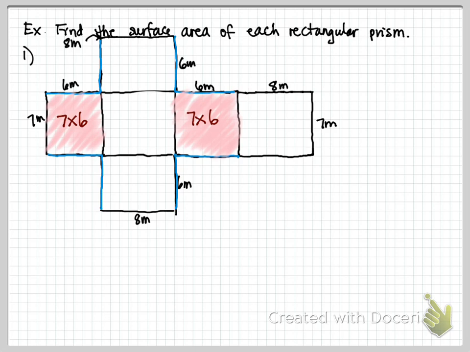And then we've got this guy, and he's the 8 by 6. And he has a partner across. So when they fold up, they're facing each other, and also 8 by 6.